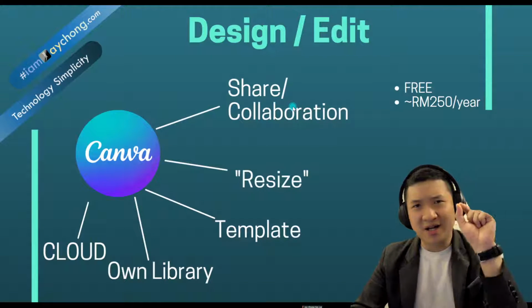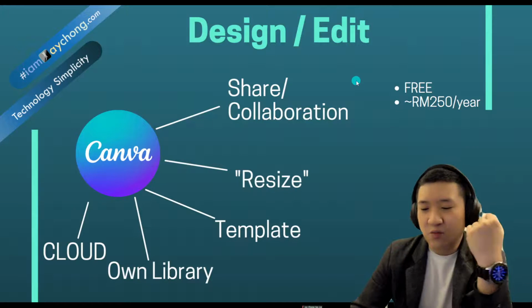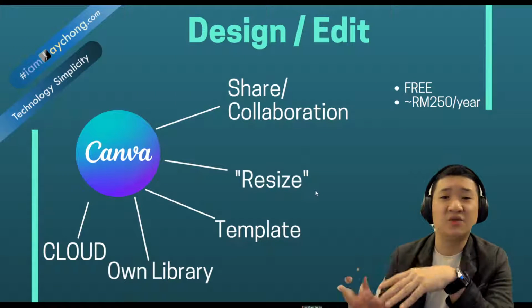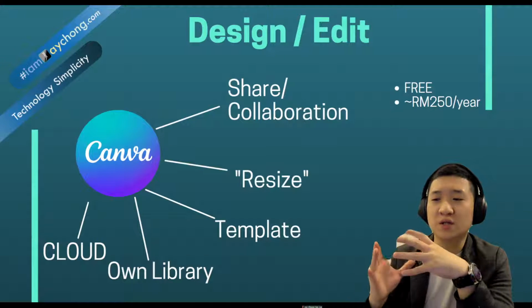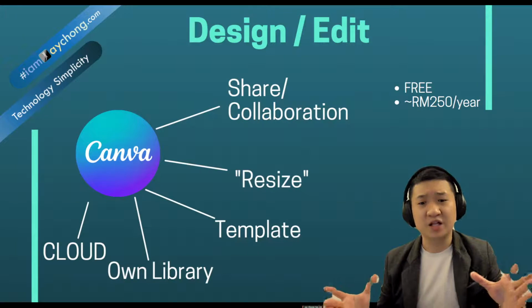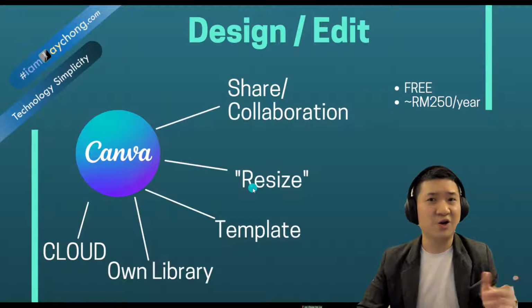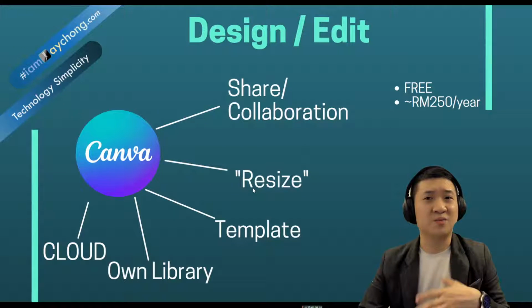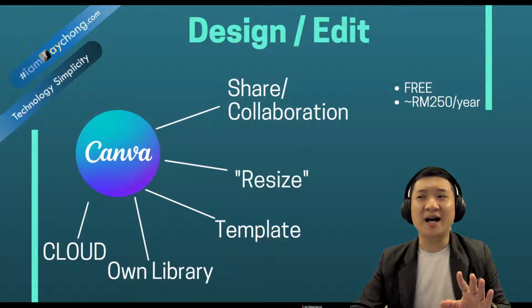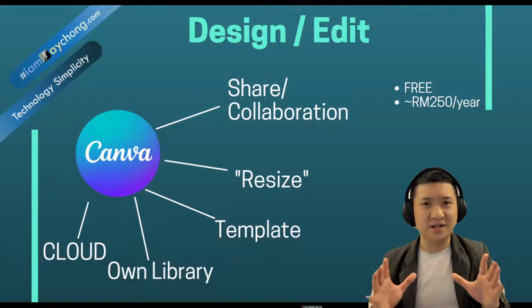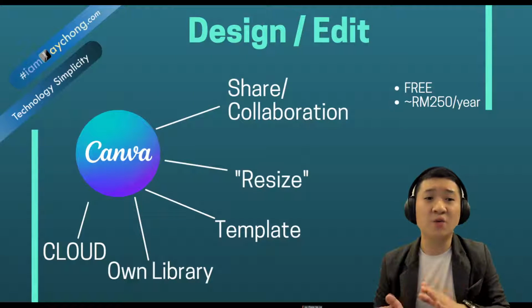Okay. The other thing when it comes to Canva is the resize. I would say it's magically resized, because nowadays when you try to do artwork or anything, even a presentation, suddenly you want to go mobile first. How are you going to resize in PowerPoint? To be honest, I know there must be a way somewhere, but it's not easy to resize compared to Canva.